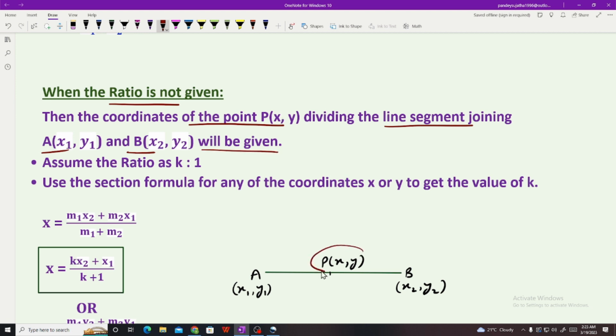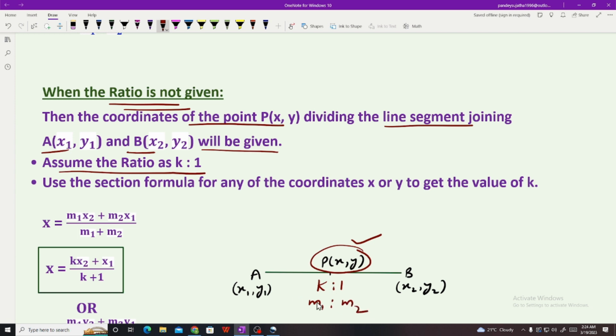Coordinates of this point will be given in the question, and as the ratio is not given, we are going to assume the ratio as k is to 1 in place of m1 is to m2.